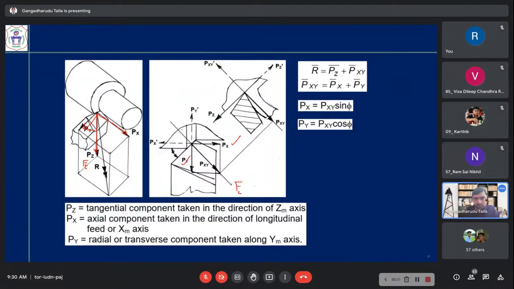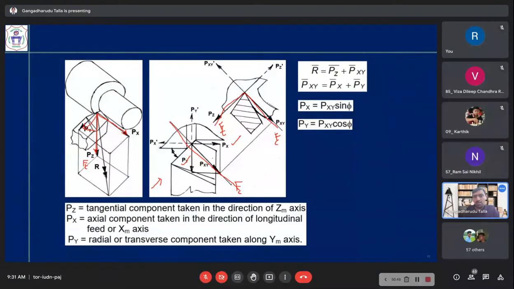If you cut along this orthogonal plane and view the process, this is Pxy, that is cutting force, and this is Pz, that is thrust force. Ft, Fc is another notation given in another textbook. Pxy is equal to Fc and this is Ft.